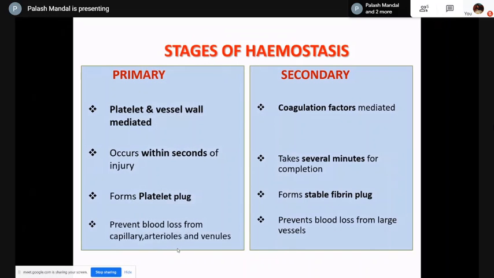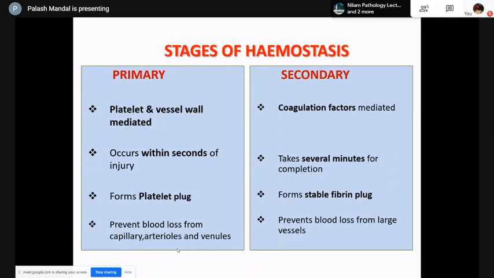Now we know this also, that there is a primary hemostasis which is mediated mostly by the platelet along with the interaction with vascular endothelial cells, occurs within seconds of injury, whereas the secondary or the permanent hemostasis is due to the activation of the coagulation factors and may take several minutes.